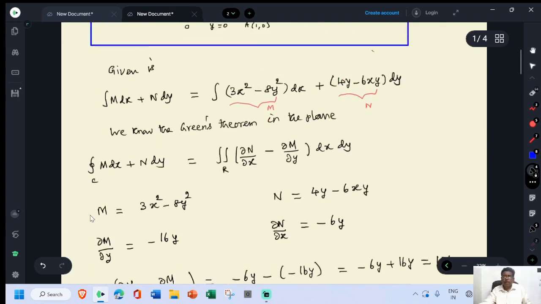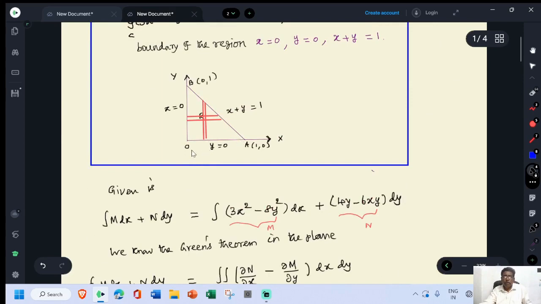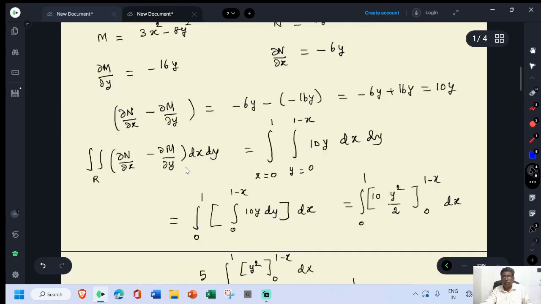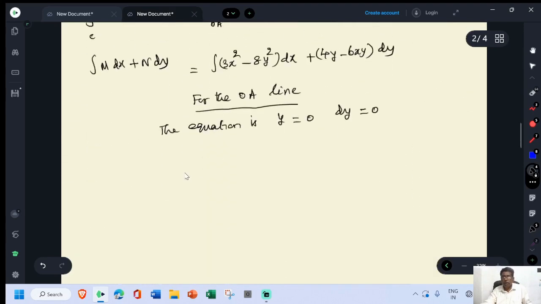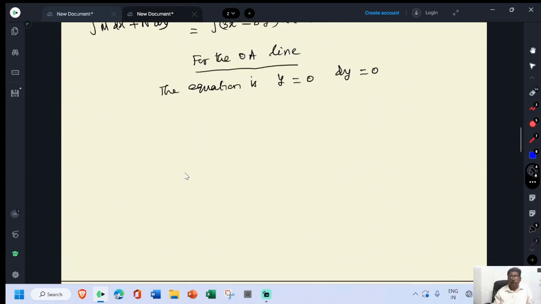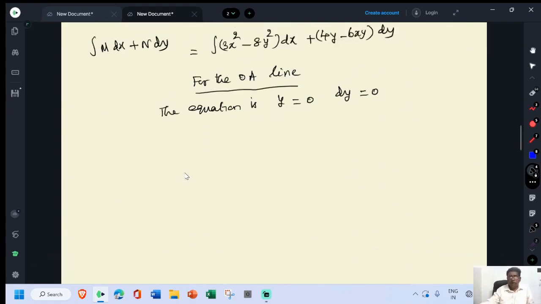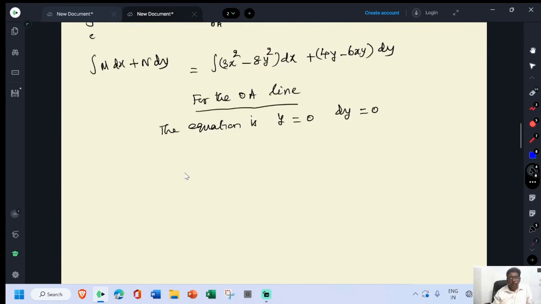See this line, y equal to 0, therefore dy is 0. If you differentiate this, you get dy equal to 0. Now, for the OA line, m dx plus n dy for OA, put y equal to 0 and dy equal to 0 in the right hand side.